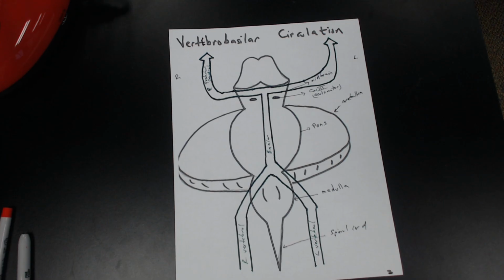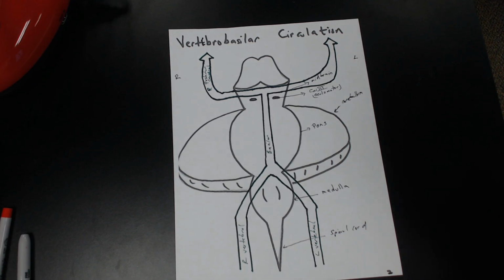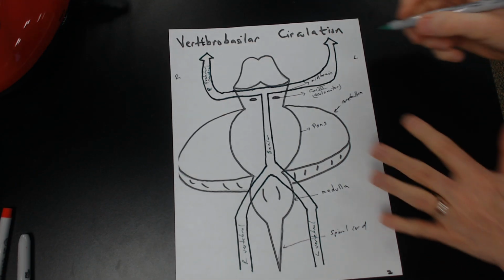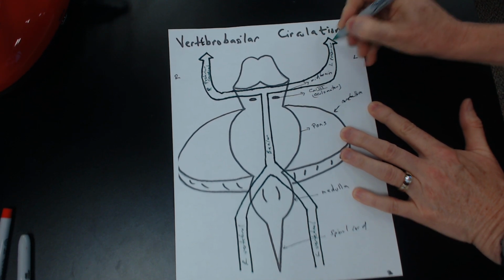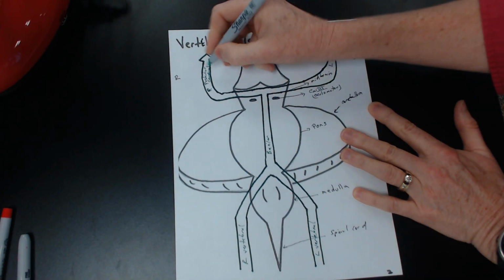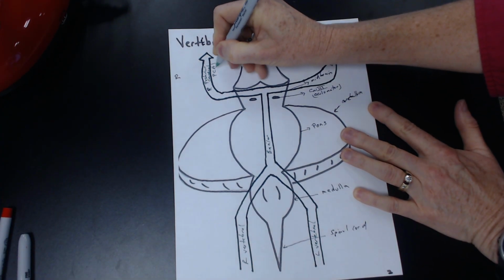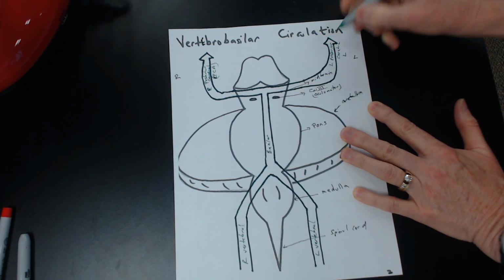Yes, coming off the basilar artery, the basilar artery ascends just above the level of the third cranial nerve. Coming off the right side, you have your right posterior cerebral artery, and on the left side, you have your left posterior cerebral. The abbreviation for posterior cerebral artery is PCA. So this is going to be your right PCA, and this is going to be your left.